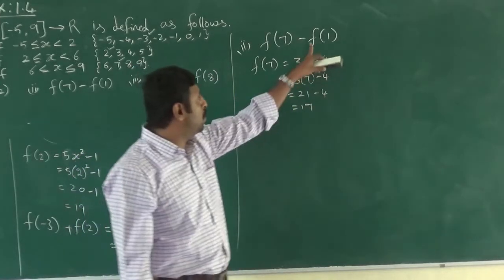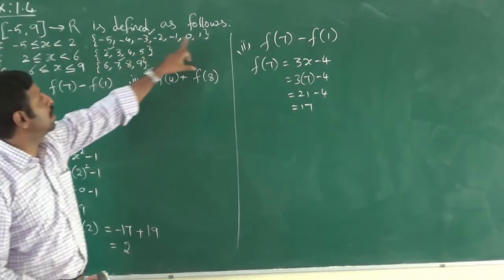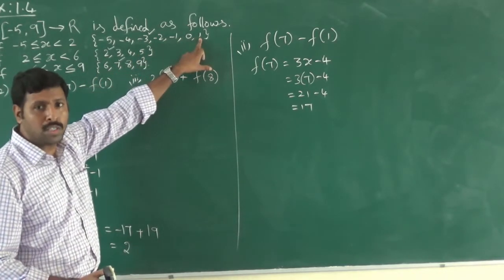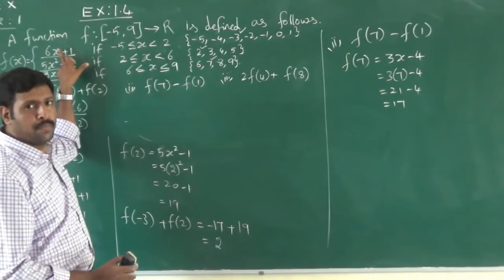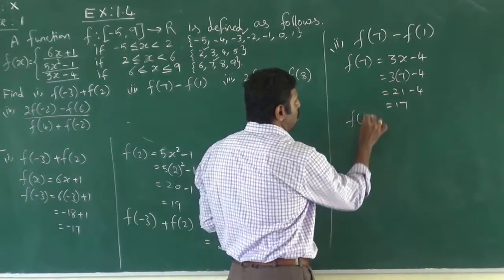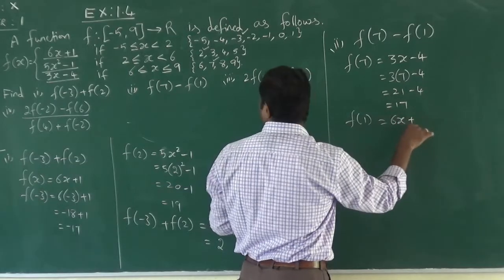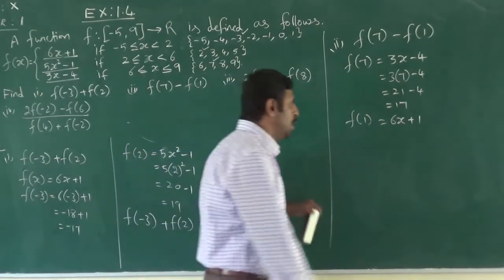Next we want to find out the function of 1. See, where is the 1? The 1 is here. So we have to use the function as 6x plus 1. In the place of x, we want to apply the value 1.